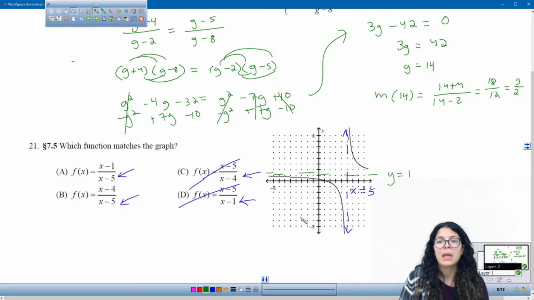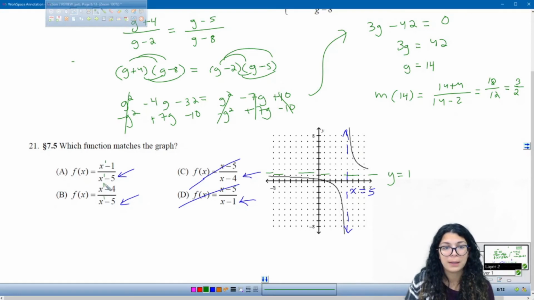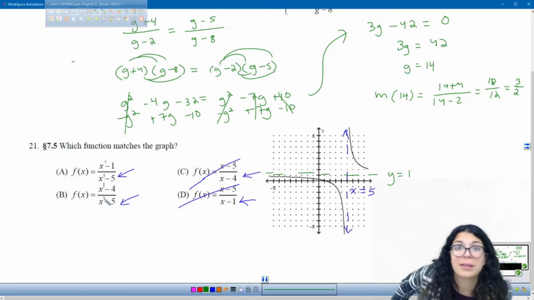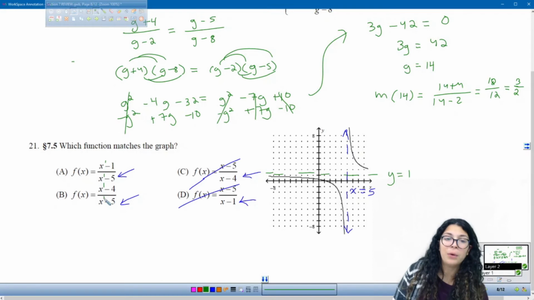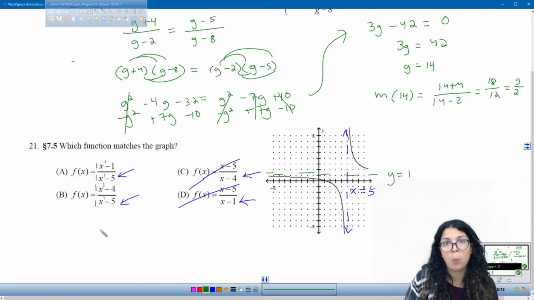Remember that the horizontal asymptote will be a number if the numerator and denominator degrees are the same. Unfortunately, the degrees are the same for both of these, and 1 divided by 1 is 1 on both. So both have a horizontal asymptote of y equals 1, so that doesn't help me narrow it down.